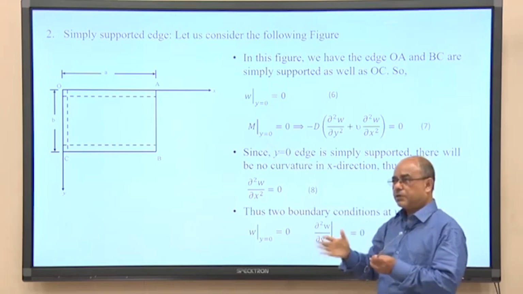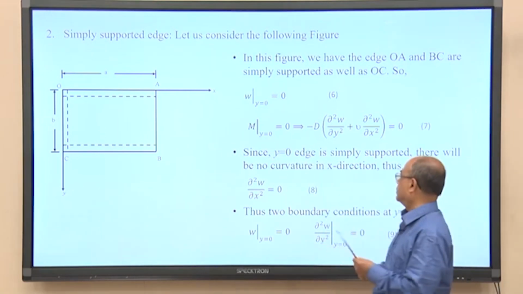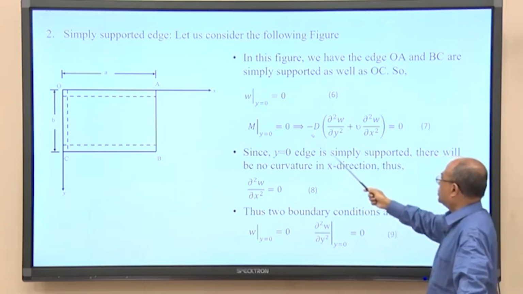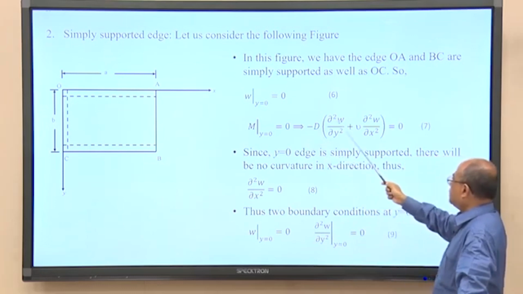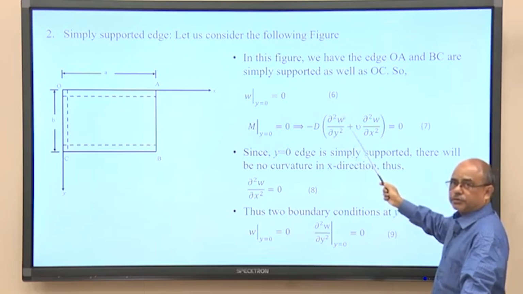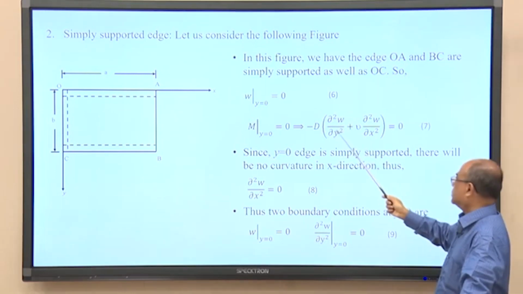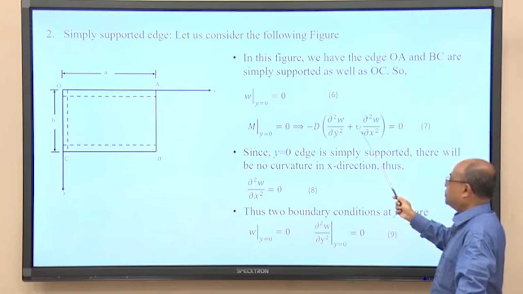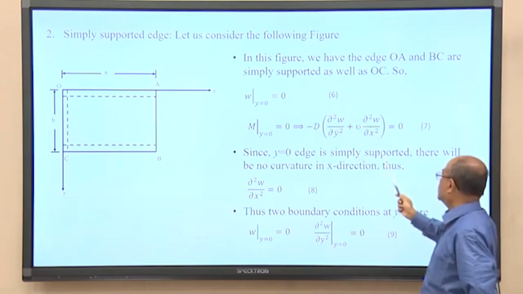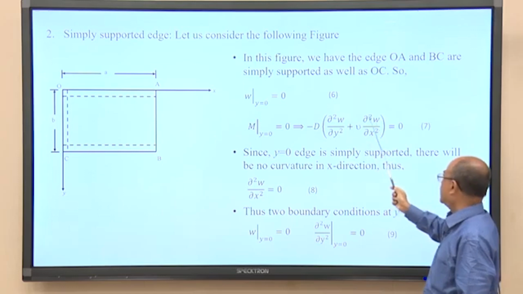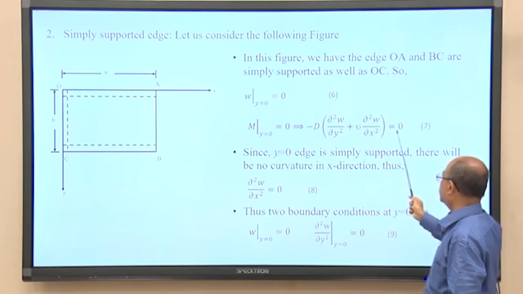So, rotation is allowed, so moment is 0. The bending moment expression we know is minus D times bracket del square w by del y square, that is the curvature in y direction, plus mu, that is the Poisson ratio, into the curvature in x direction, del square w by del x square, equal to 0.